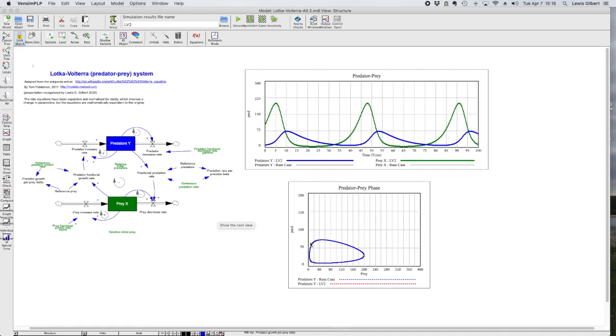So 75 is going to be about here on this plot, and at this point in time we would get one dot here. And you can see that as time progresses, the predators are declining, and as we go this way, the predators are declining and the prey are declining. So we would move in this direction around here.